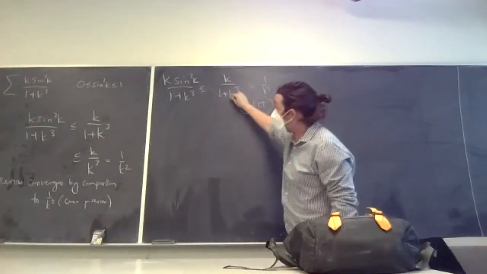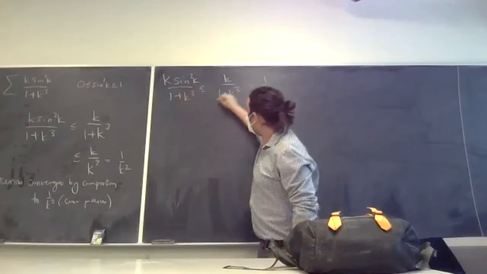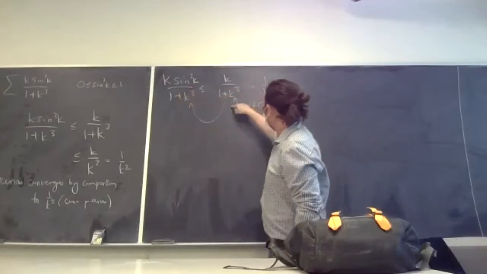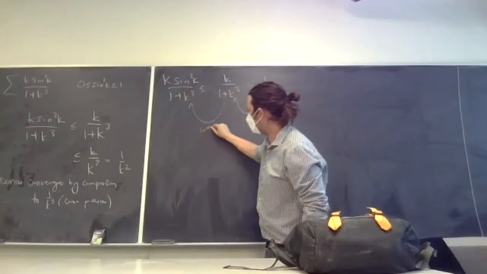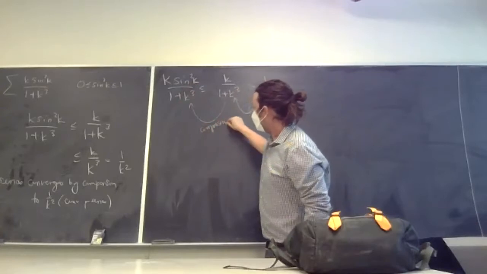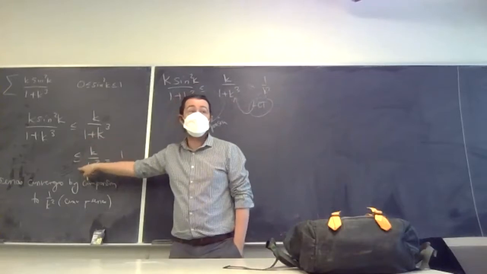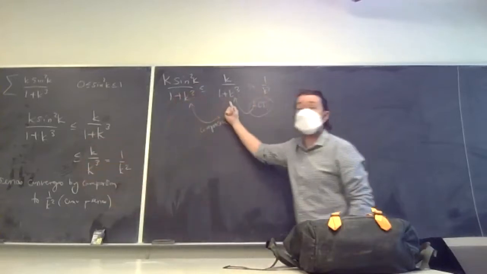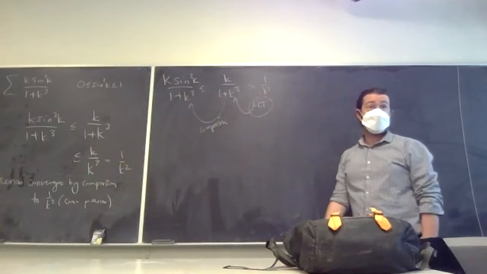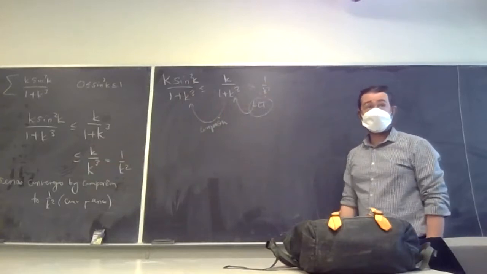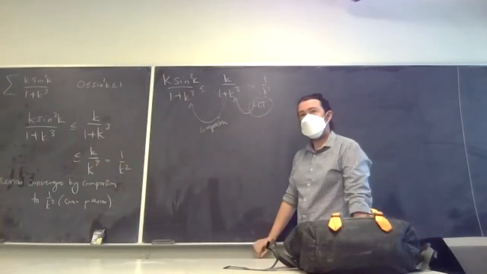And since this series converges, the comparison test would then tell you that that does. So limit comparison gets you that this converges, and comparison gets you that. If you don't see this step with the inequality, you can still solve the problem just with the limit comparison test. Okay? All right. What else?